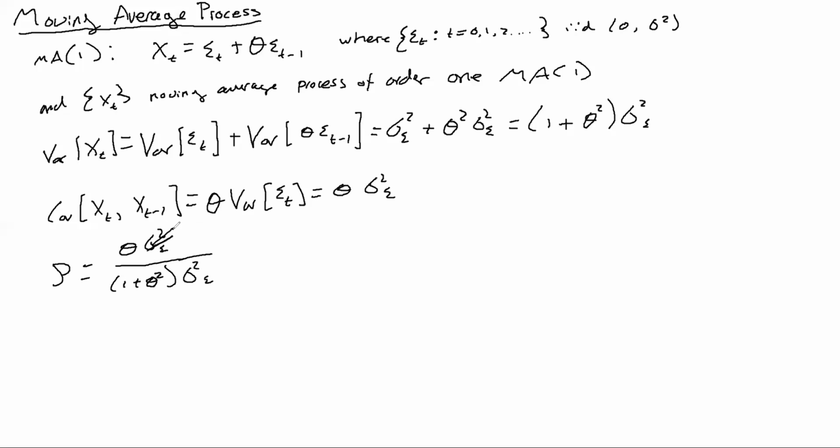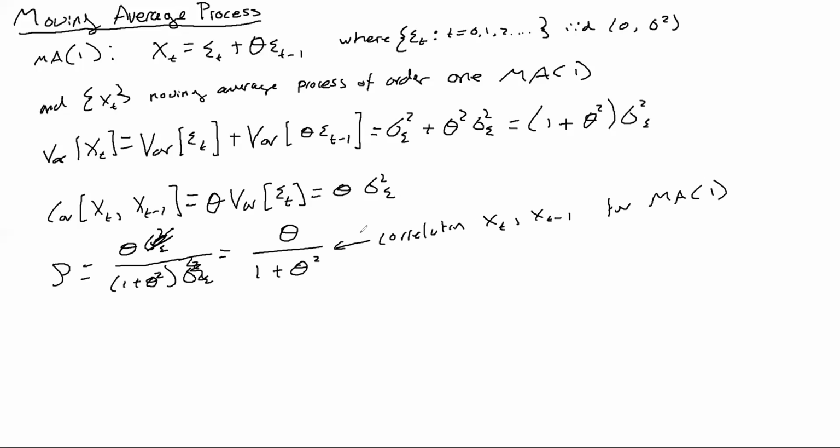You see that the variance cancels out, and we're left with this. So this is the formula for the correlation, or the autocorrelation, between xt and xt minus 1 for a first order moving average process.